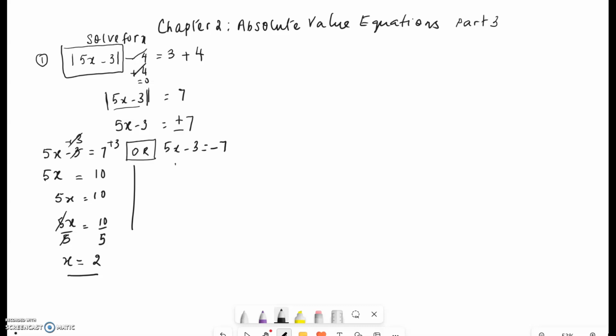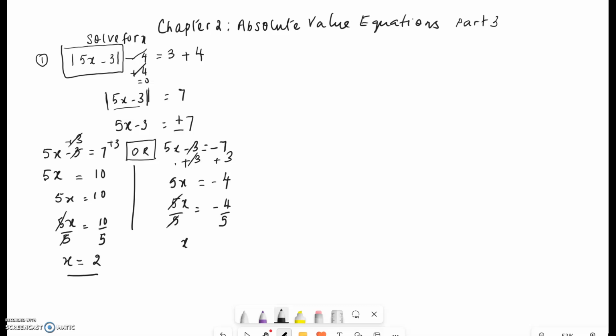5x minus 3 is negative 7. Add 3 on both sides. So 5x, that's a 0, minus 7 plus 3 equals negative 4. Now we solve for x. 5x over 5 is equal to negative 4 over 5.